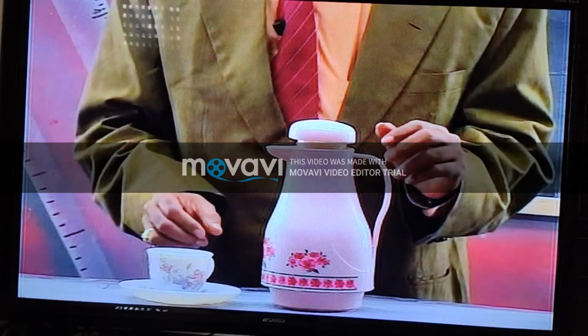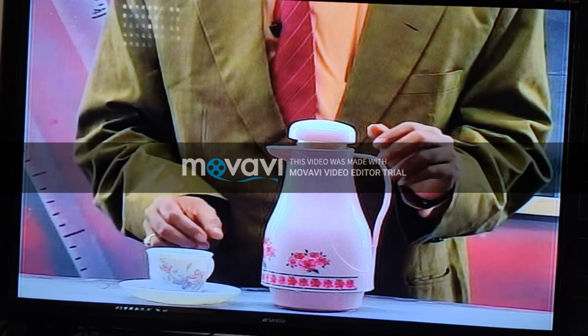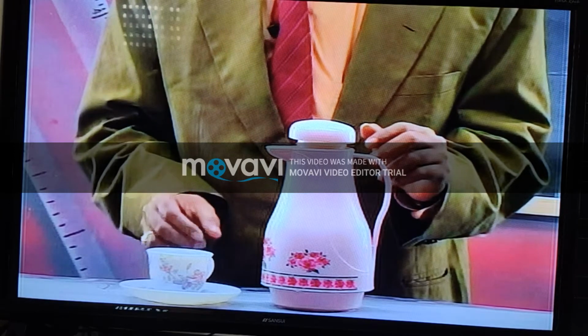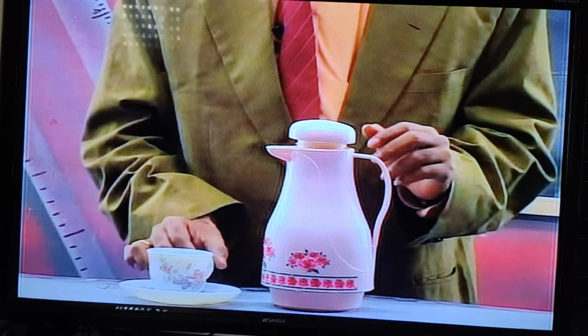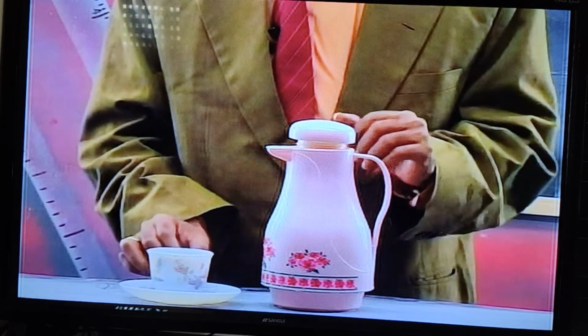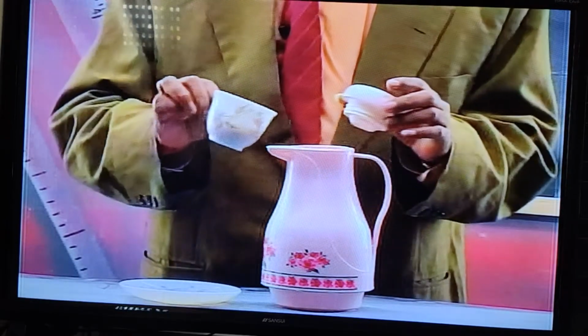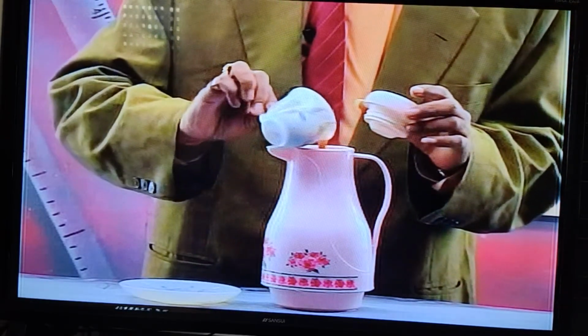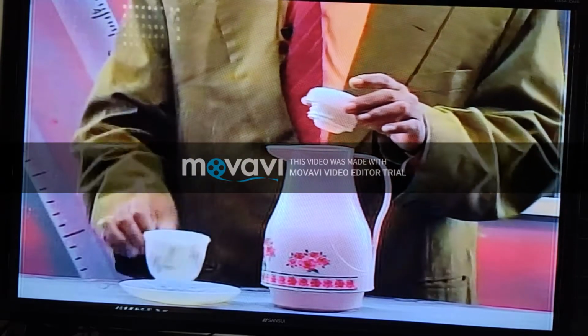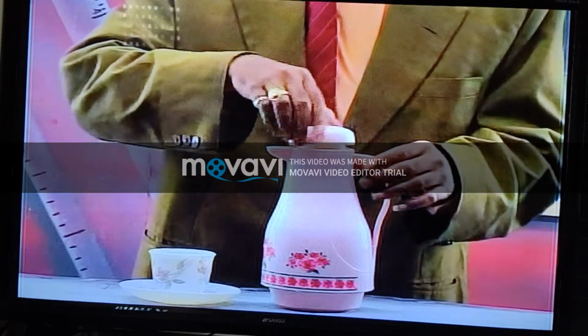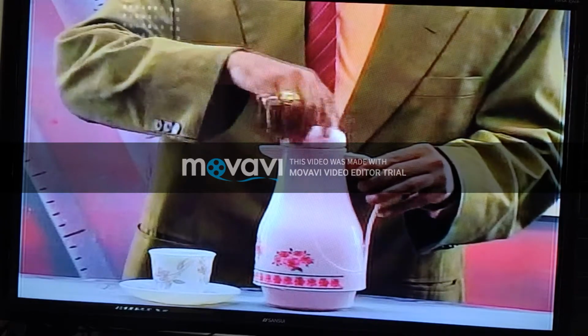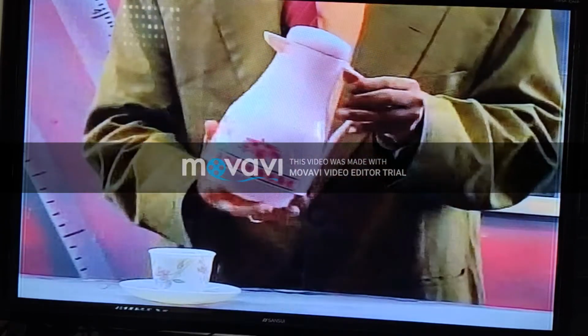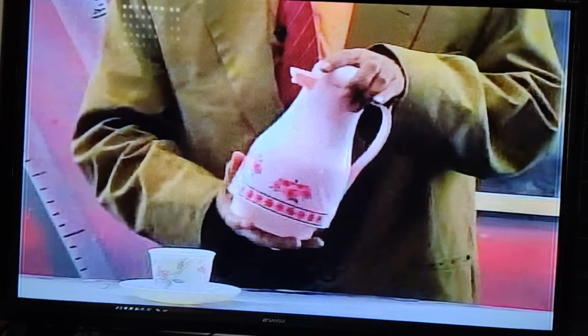Here I am going to explain the concept of Joule's law, that is, conversion of work done into heat. Here a cup of coffee is taken. Now this coffee I am pouring into the flask. It is closed with the cap and I am shaking that. While shaking, the work done is transformed into heat.